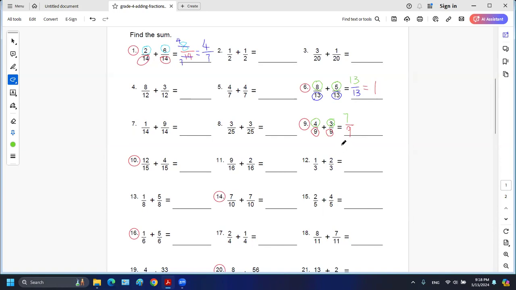And now since 7 is an odd number and 9 is also an odd number, we can't divide them by a common factor. So 7 over 9 is the final one because they don't have a common factor.